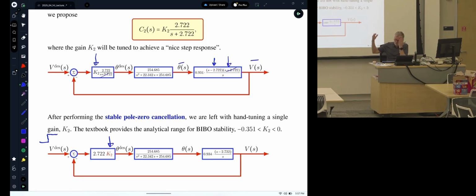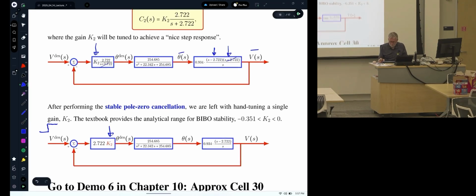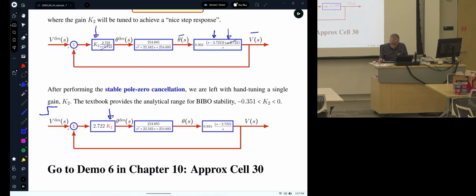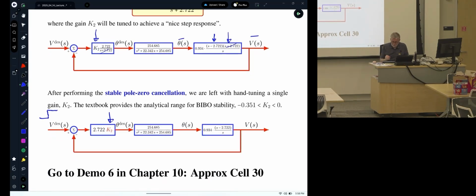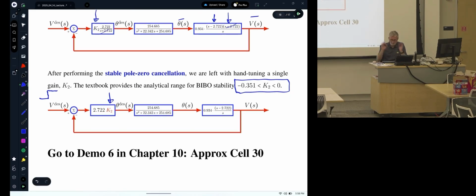If you take EECS 460, you learn about lots of methods. Now, in the new version of the textbook I put up, I compute analytically the range of gains for BIBO stability. But you don't have to know that. This just helps you understand where to start.